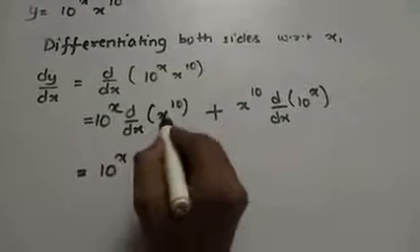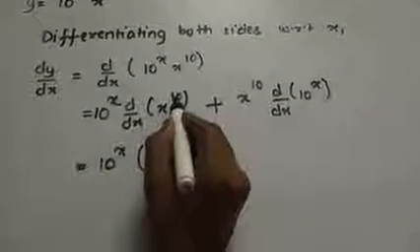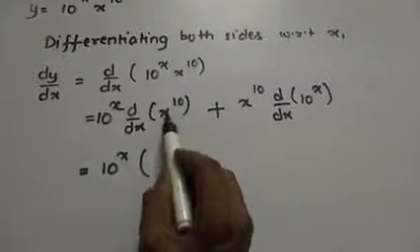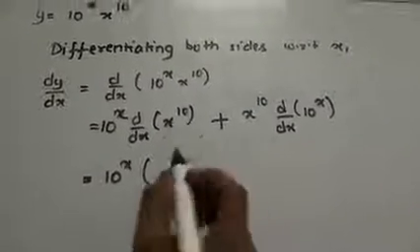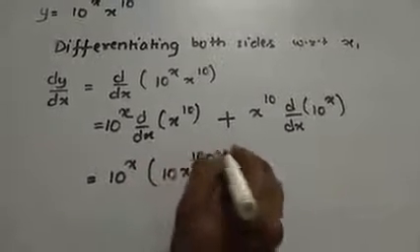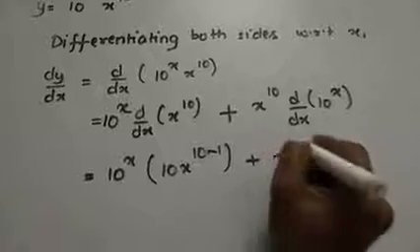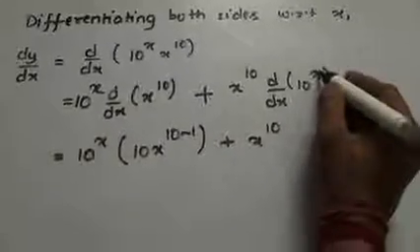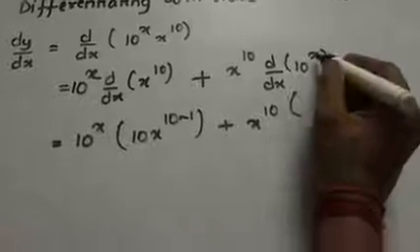Now 10 to the power x. Now here the form is x to the power n. See the form, x to the power 10 is there. So it is similar to the form x to the power n. So using the formula number 1, 10 x to the power 10 minus 1. Now here the form is 10 to the power x, that is a to the power x.